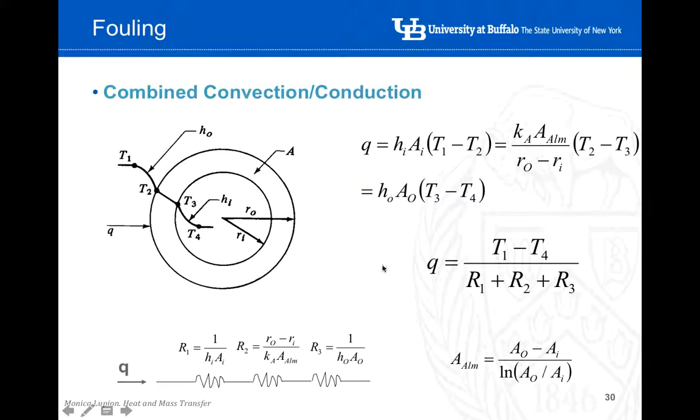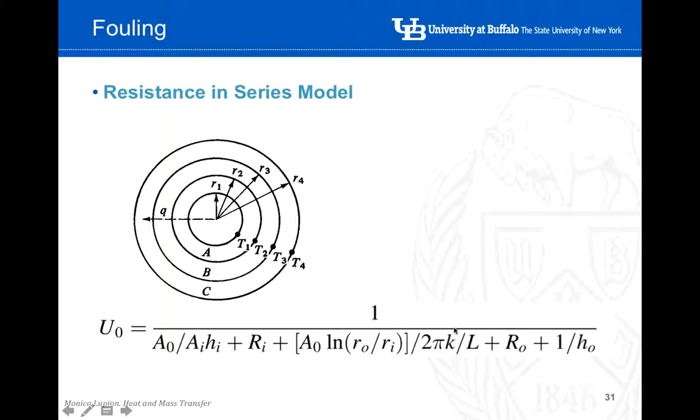So how can we incorporate the concept of fouling in this equation? What we normally do is calculate the overall coefficient U, and this overall coefficient also includes the thermal resistances due to the fouling.